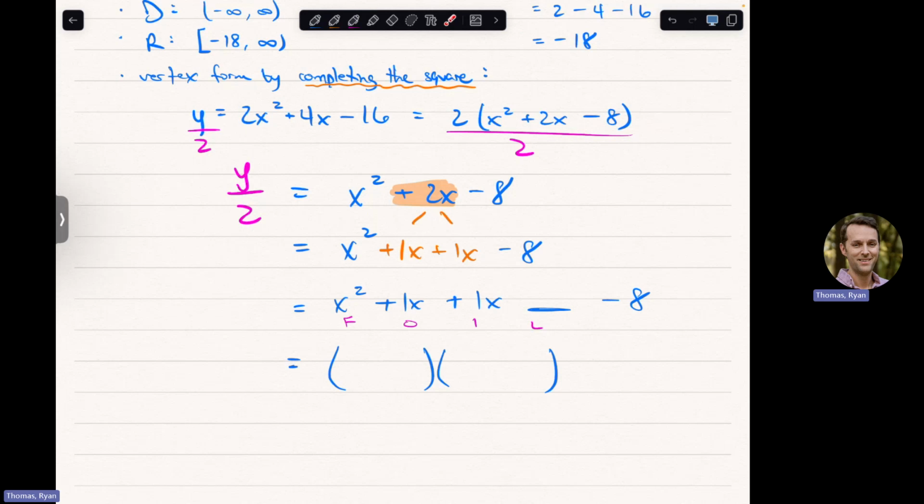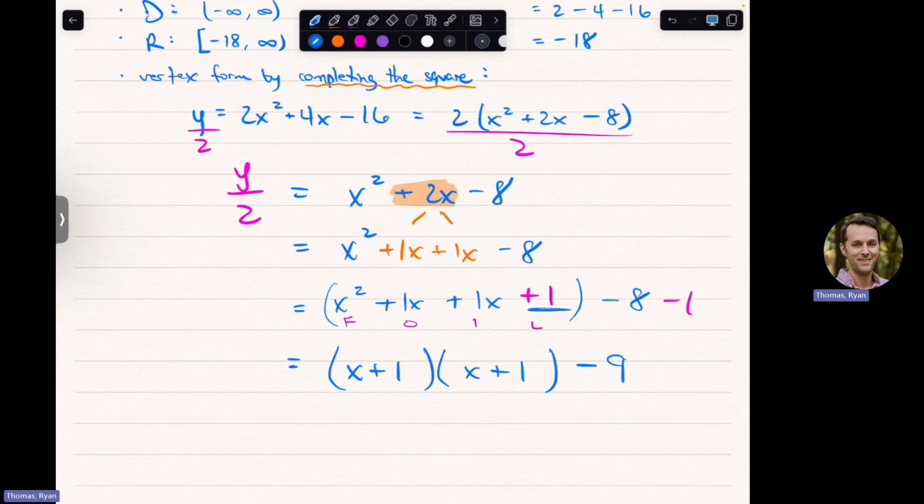The factors would look like x plus 1 and x plus 1, right? So squaring that, the missing part is +1. So subtract 1 to correct for that. This stuff is what's getting factored, which means there's a -9 sitting outside.